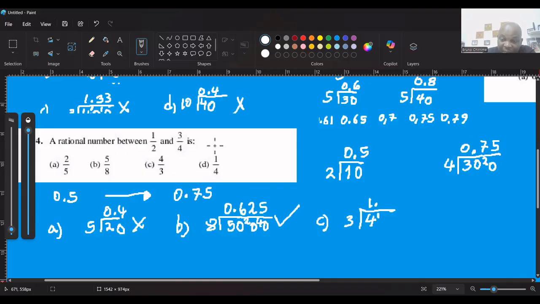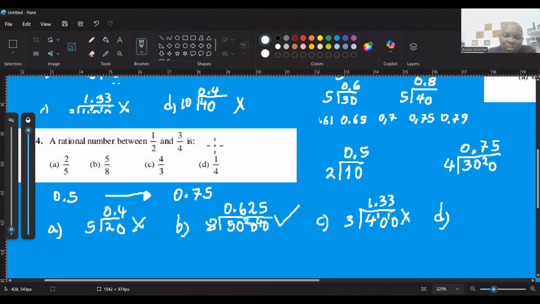That comes here and add a 0. 3 into 10 goes 3 times. 3 times 3 is 9. So 10 minus 9 gives us 1. Add a 0, and then again, 3 into 10 goes 3 times. So this is another recurring situation. So it's 1.3333. Does it lie between 0.5 and 0.75? No.